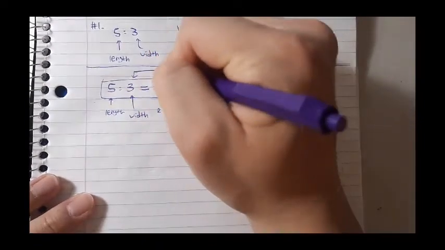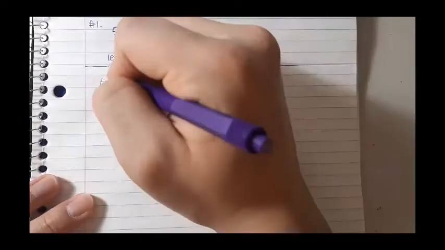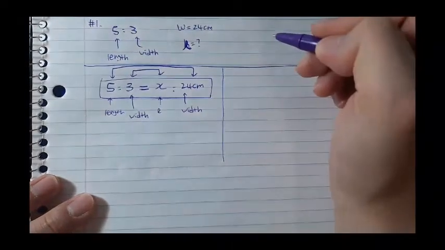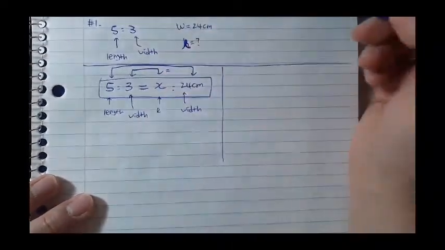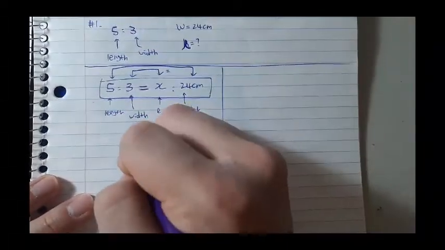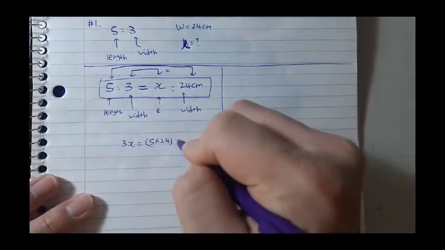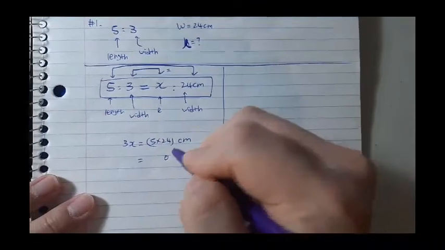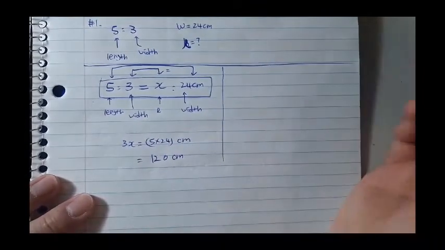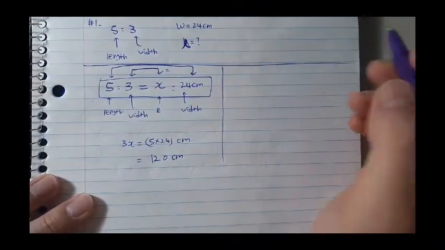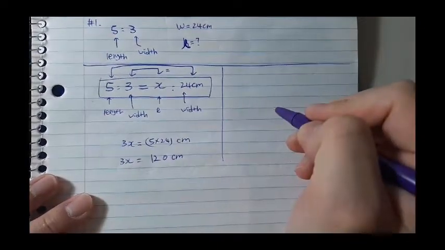We can multiply what's inside and what's outside because these two are equal. So 3x is equal to 5 times 24 centimeters, which means 120 centimeters is equal to 3x.